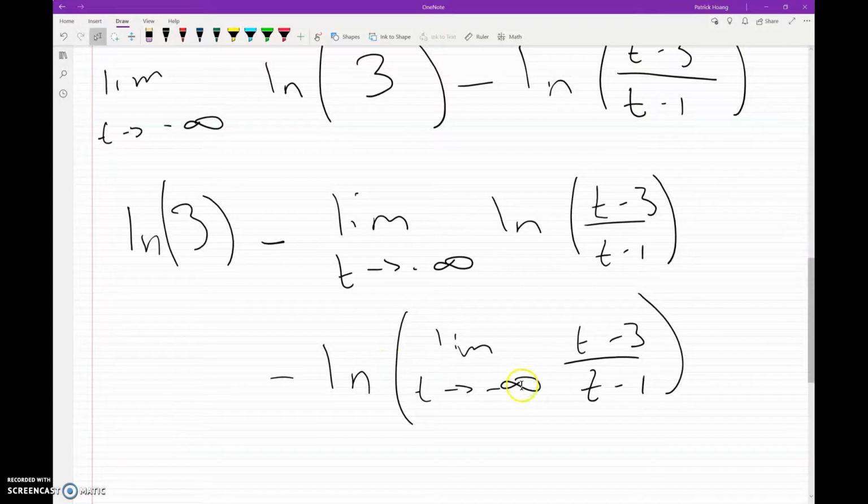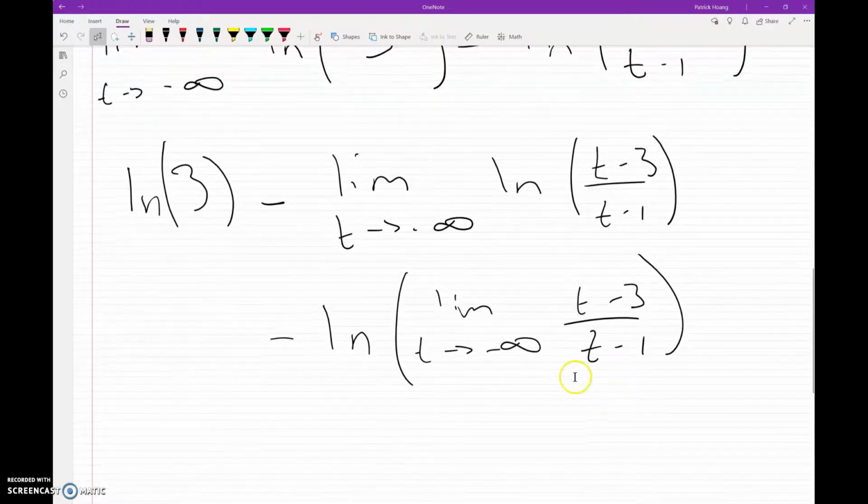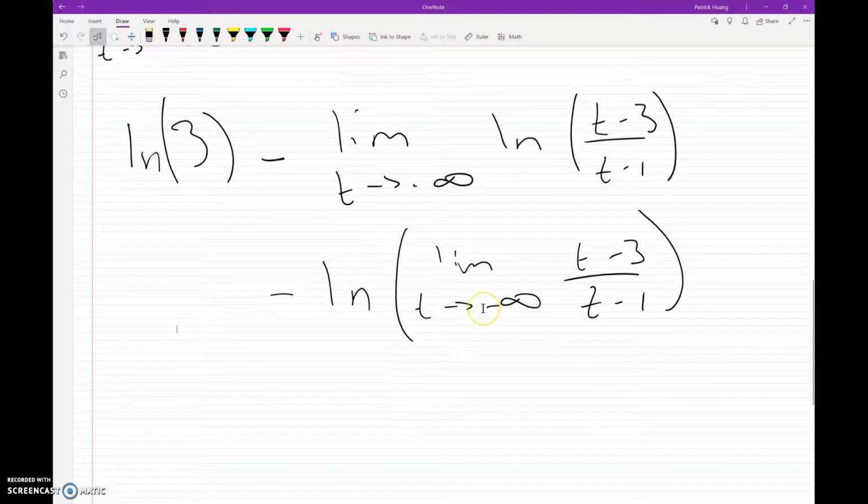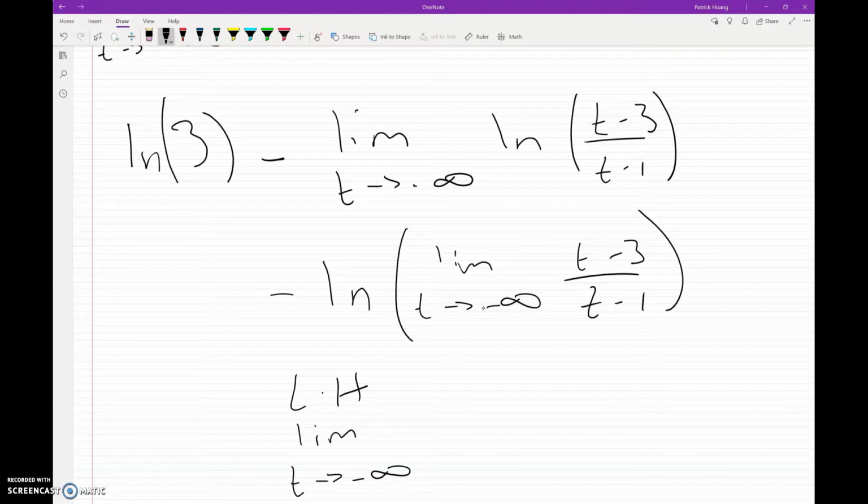And since we're approaching negative infinity, there's no problems here. The only problem is that t is equal to 1, which we don't have to worry about. So we can apply L'Hopital's rule. As t approaches negative infinity, the derivative of the top is just 1, and the derivative of the bottom is 1. So this is equal to 1.